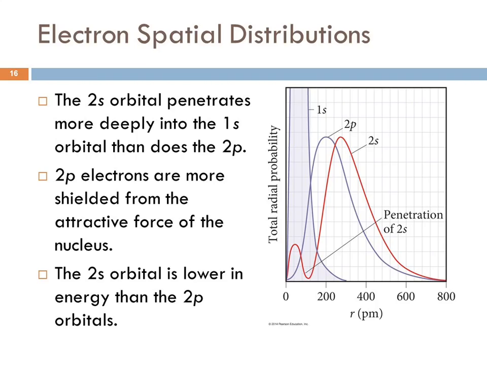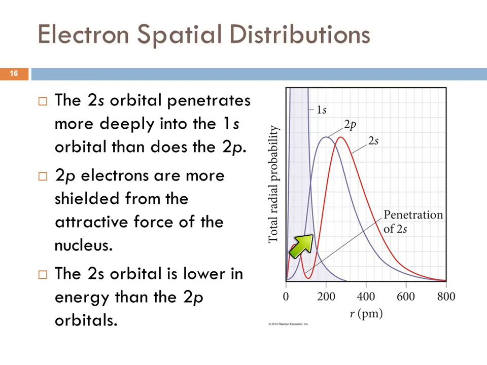So the 2s orbital penetrates more deeply into the 1s orbital than the 2p orbital does. Okay, so let's try to make some sense out of this graph. So here's the 1s orbital, and we're just chopping it off because it goes way, way up here. We don't need to look at that. The 2p orbital comes in like this, right?